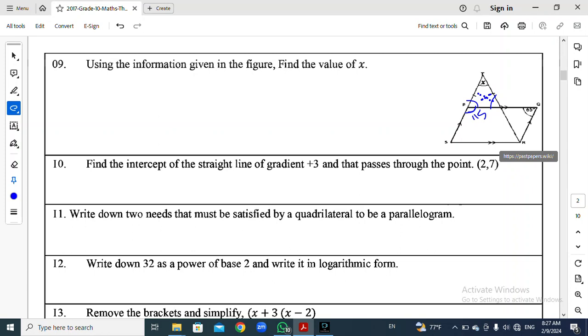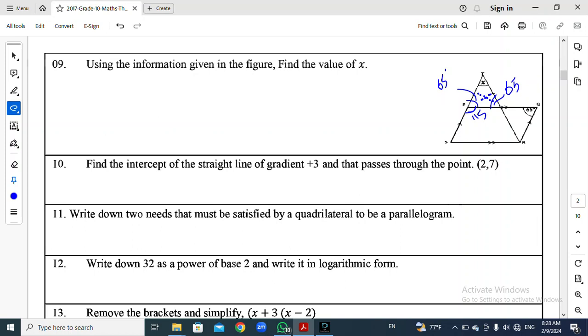Now here it is 115, so I can find out this one easily. That's 65. Or I can take it like this, like a Z shape here. Here 65 means here also 65. Whatever you like you can use. So this angle also 65. This angle is also 65.